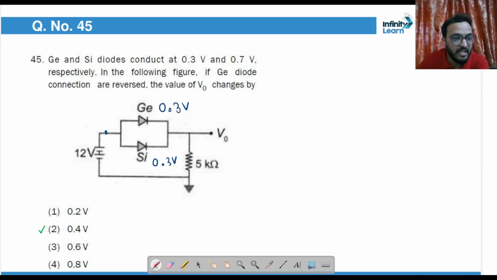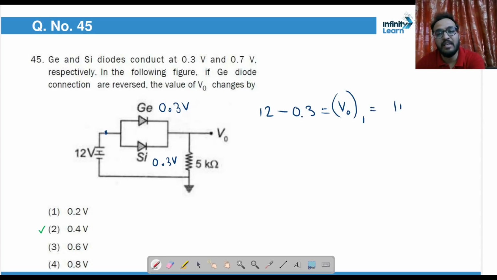So whatever current is there, it will pass through germanium, and the overall drop here will be 0.3 volts, right? So what is the value of V naught? You will say 12 minus 0.3 is equal to V naught in the first case, that is 11.7 volts, right? In the next case, what will happen if you connect it in reverse biased?